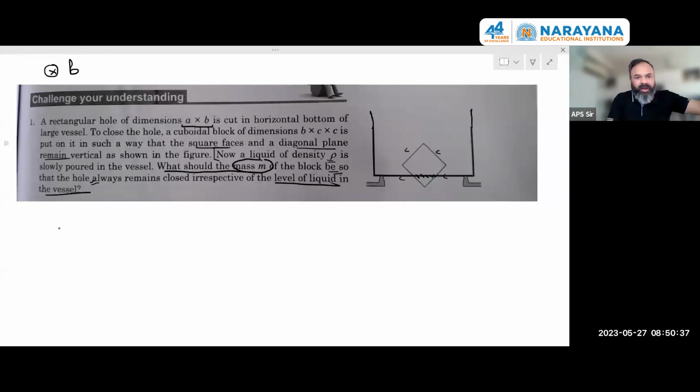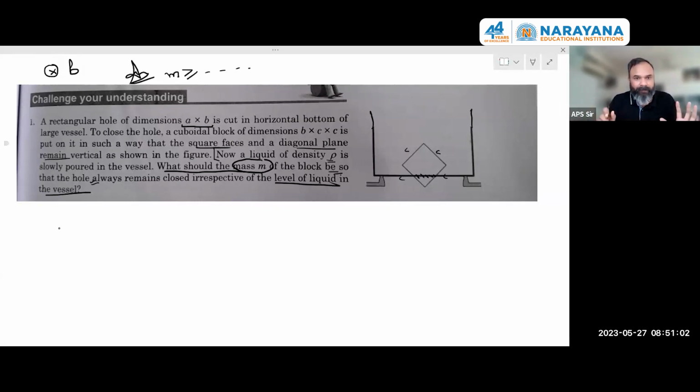So I can fill liquid up to whatever height I want, up to infinity, technically speaking. And what he is saying is, give me that mass. So you understand your answer should be something of this sort, like m should be greater than or equal to something, minimum. So if I can tell you this value, then whatever you do with the liquid, it is never going to lift up the block.